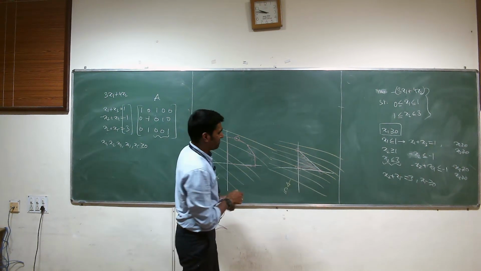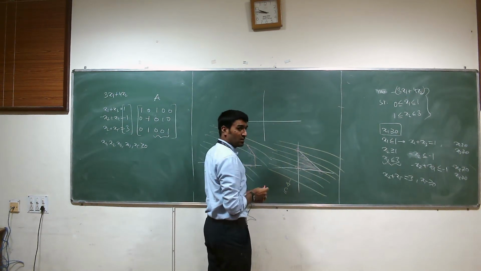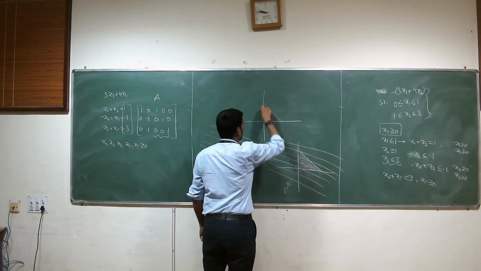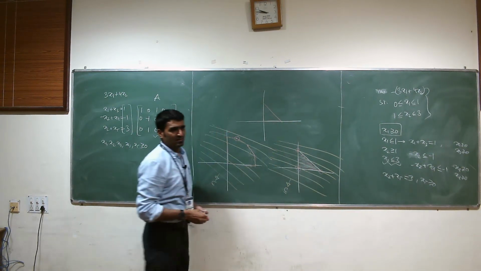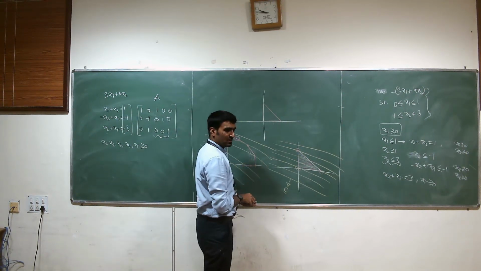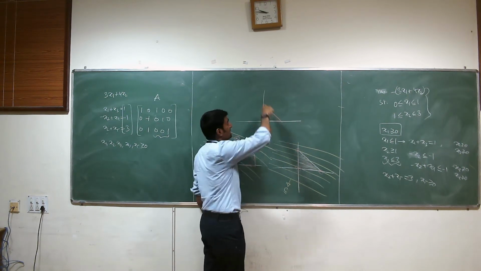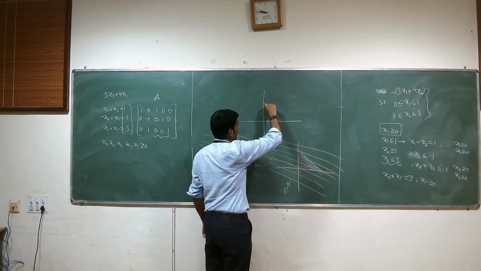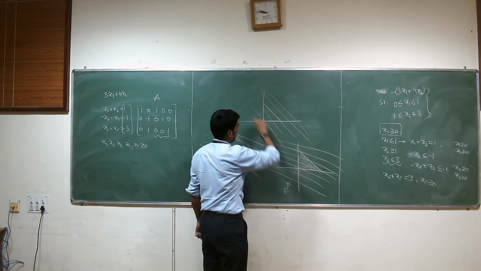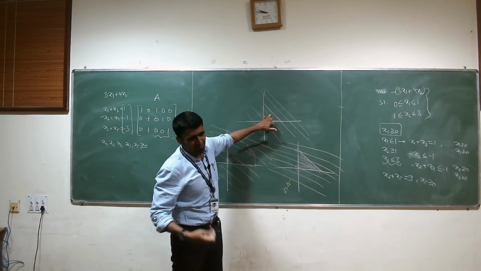It need not be like that. Can you think of an example where it might not be on one of the vertices? If C was parallel to this, if your C was like this, then you don't have a unique solution.